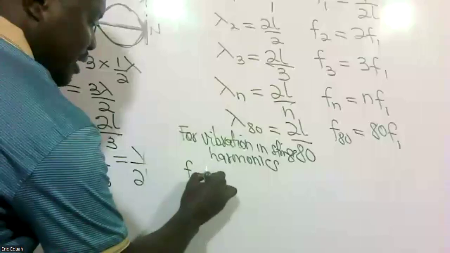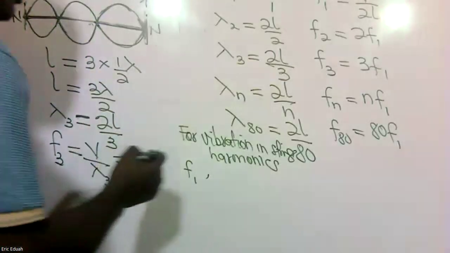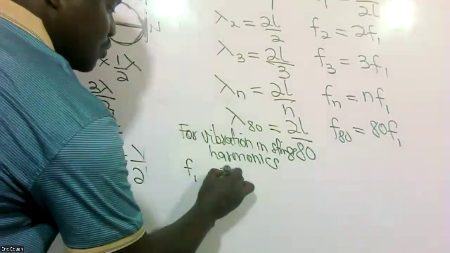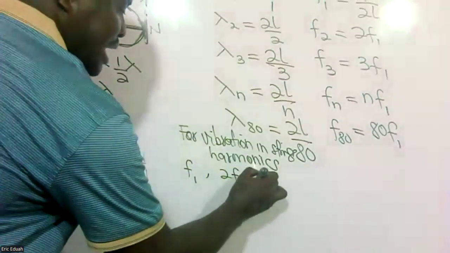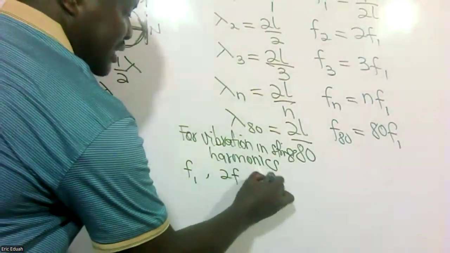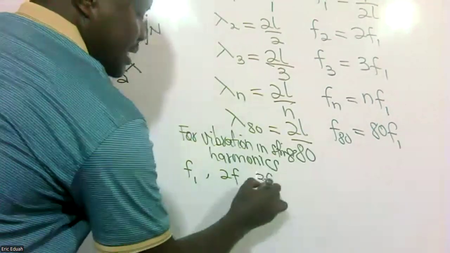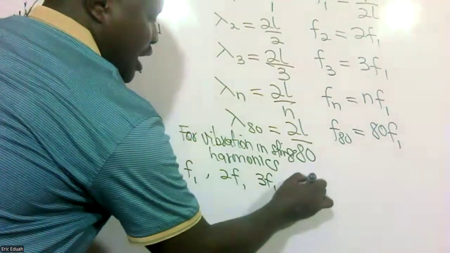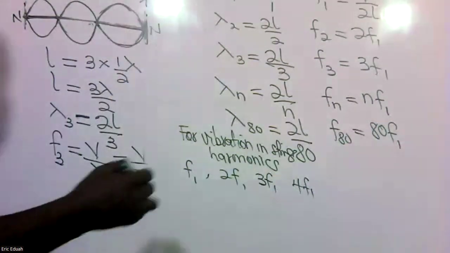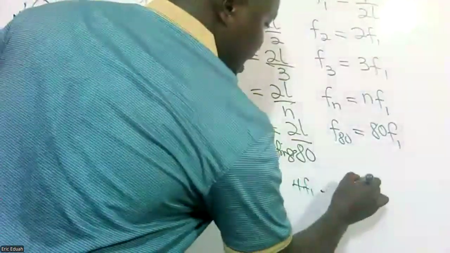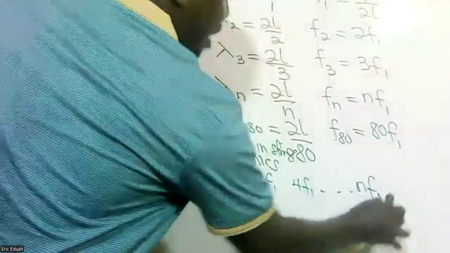We had F1, the second note 2F1, the third harmonic 3F1, the fourth harmonic 4F1, down to nF1.